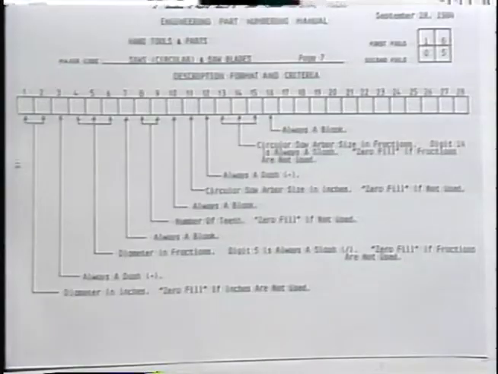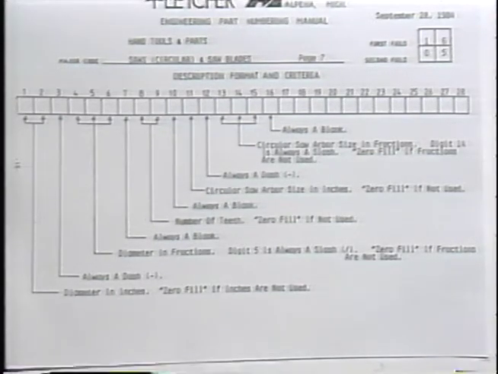Continuing on with circular saws and saw blades, which is page number 18, we have the layout relative to the description and its particular format and criteria. Continuing on, we have sockets and accessories. And again, I'm not trying to rush through these exhibits. I don't think you want to sit there and let me walk you through word by word.